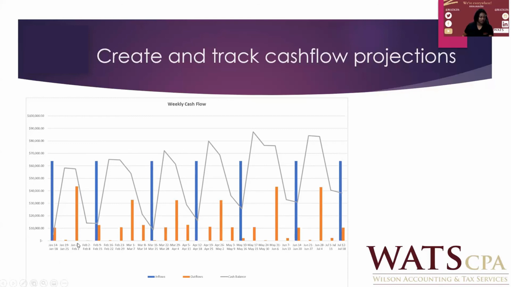And then as you see for the next 3 weeks, no inflows, and then it shoots back up to the 63,000. And then of course the outflows week over week in orange. And then this gray line here shows the ups and downs of the cash balance as you're collecting and making payments.